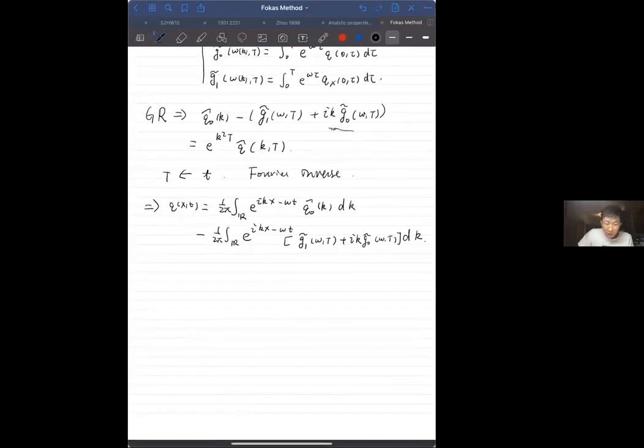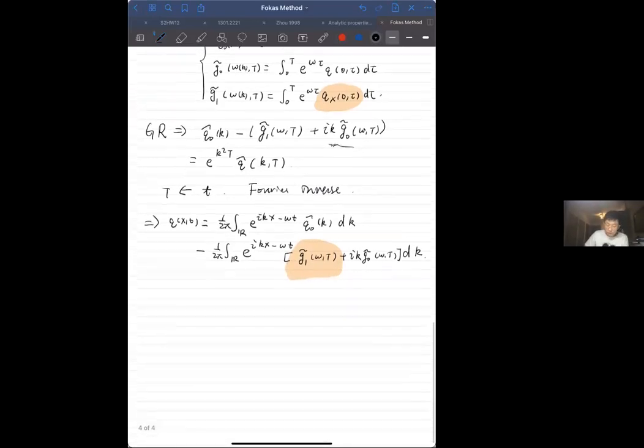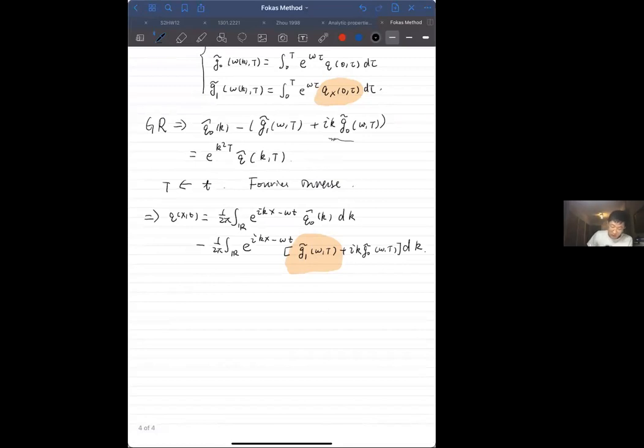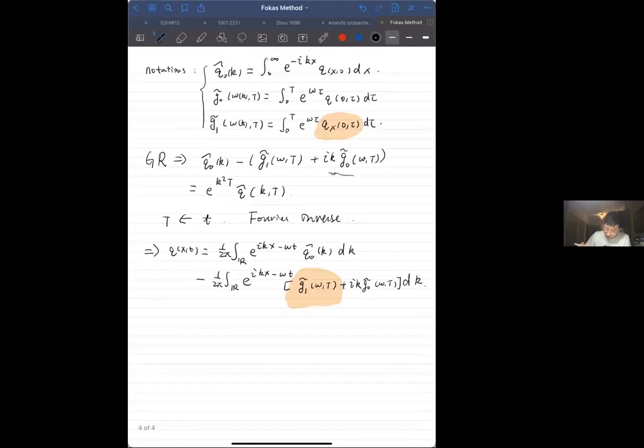So for now you already have a representation of the solution, but unfortunately we still have something unknown, because g tilde comes from the data for q_x, but we don't know q_x. So we need to remove this. Otherwise it's not a solution at all, right? How to remove this? There is a very clever way.